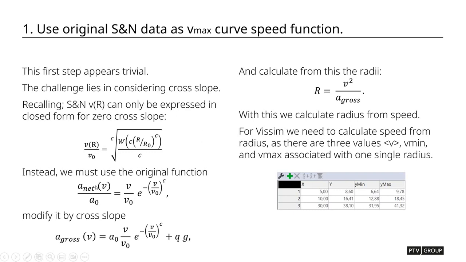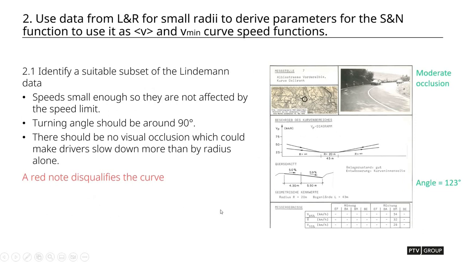Then we need to modify the Schimmelpfennig and Nackenhorst function with that in mind. We will see later how this can be done, because it's a bit challenging, as there is no closed form expression which does that. Later more on that.